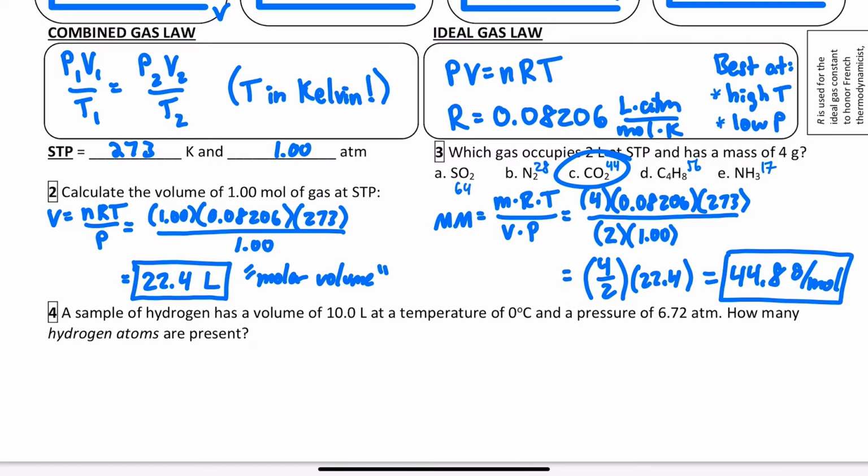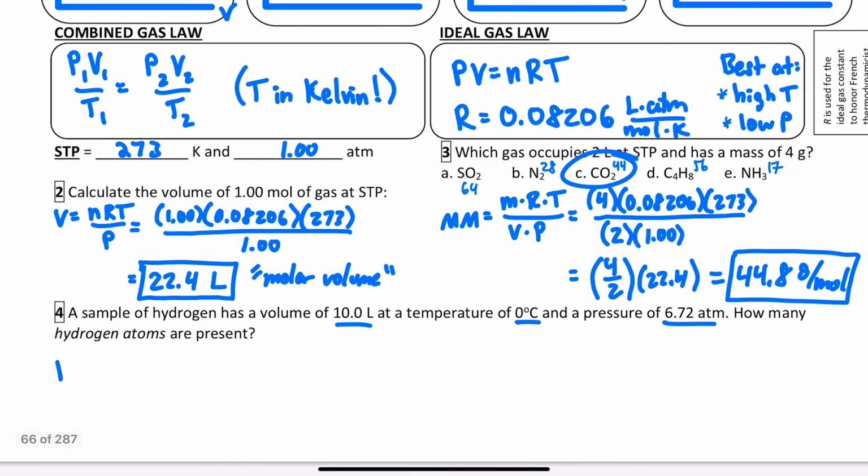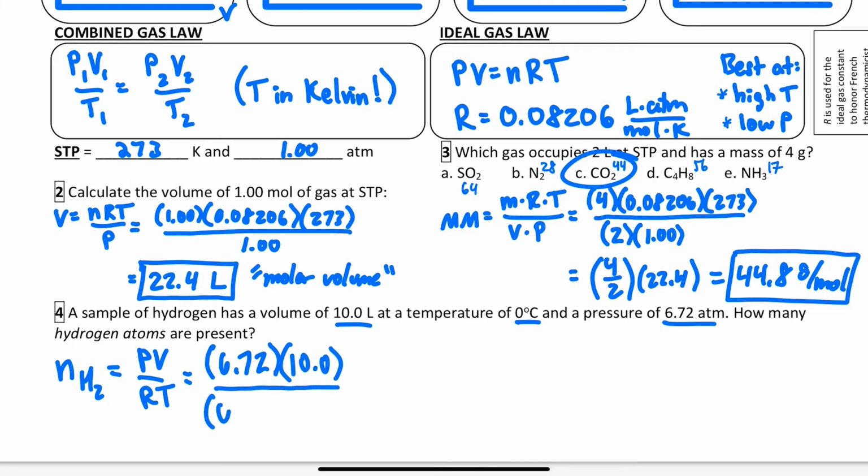So they give me a volume, they give me a temperature, and they give me a pressure. That means I can solve for moles of hydrogen. So if I rearrange the ideal gas law and solve for n, that's PV over RT. The pressure is 6.72, it's already in atmospheres. The volume is 10, it's already in liters. R is 0.08206. T is 0 degrees Celsius, that's 273 Kelvin.